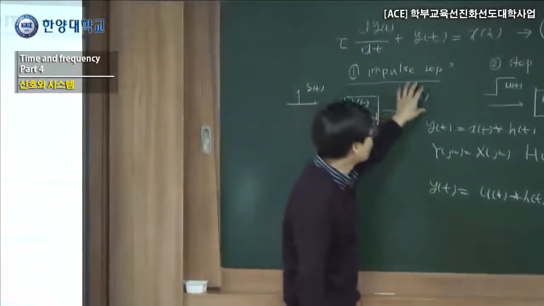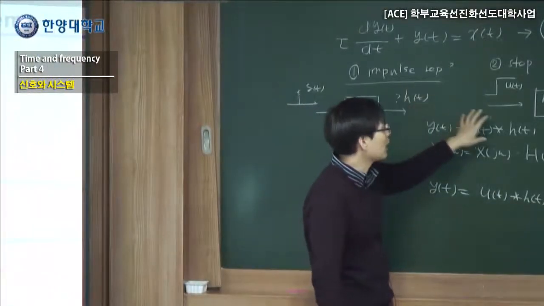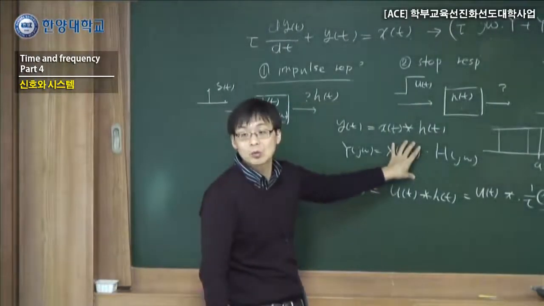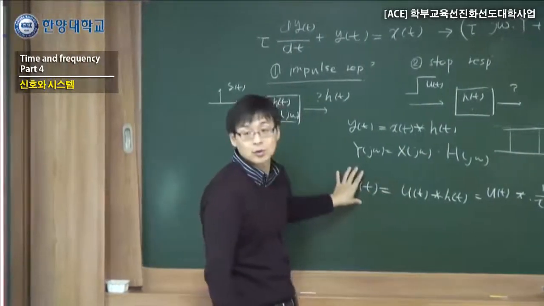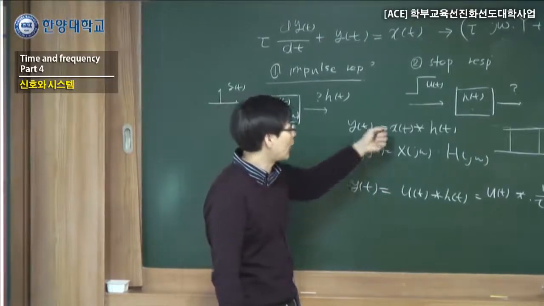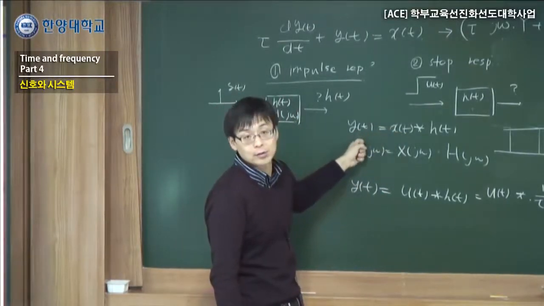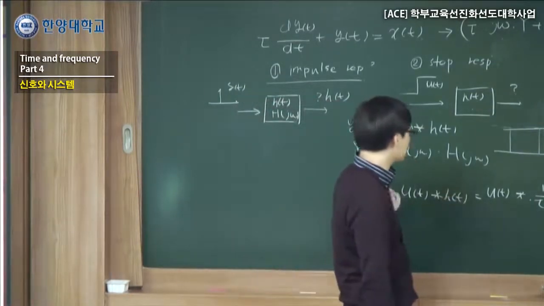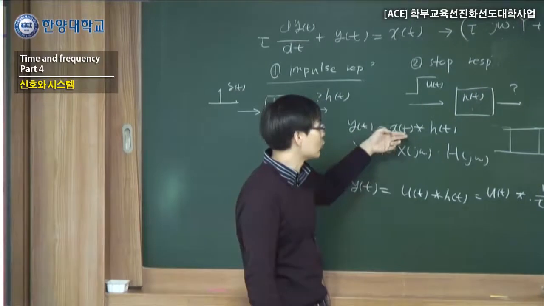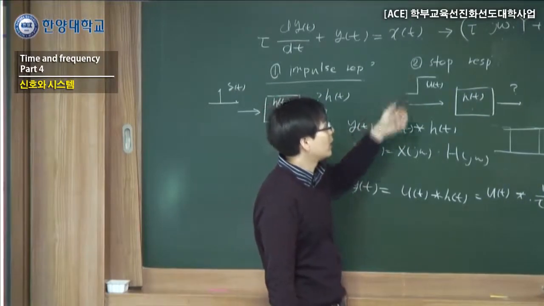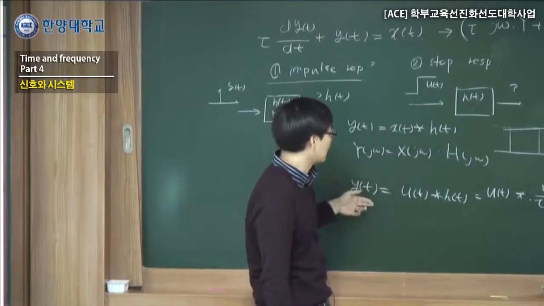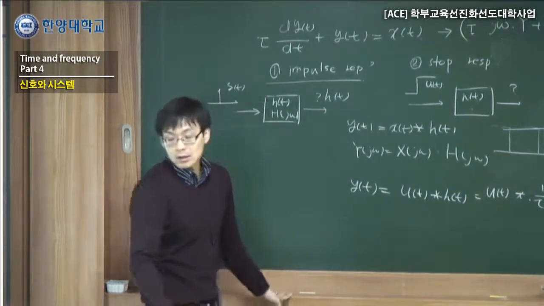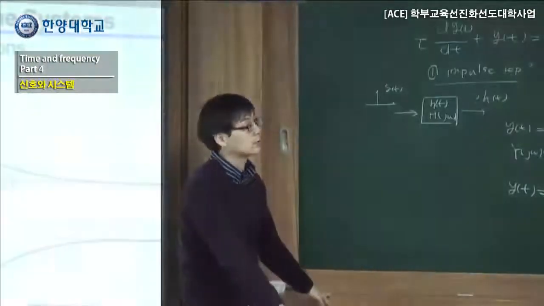Then, using this system response, you can either do convolution or do the multiplication in the frequency domain to find any output according to an arbitrary input. One example is if you apply a unit step as an input and find the corresponding output. That's the step response that we talk about.